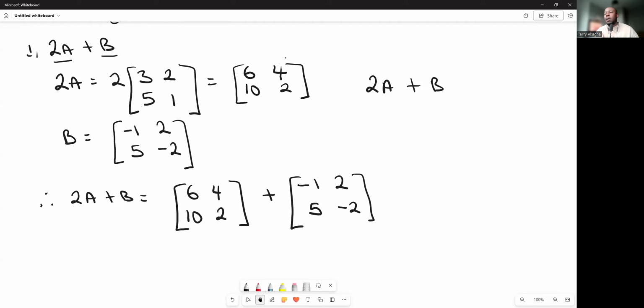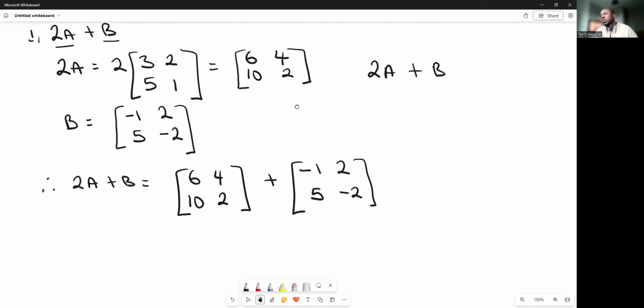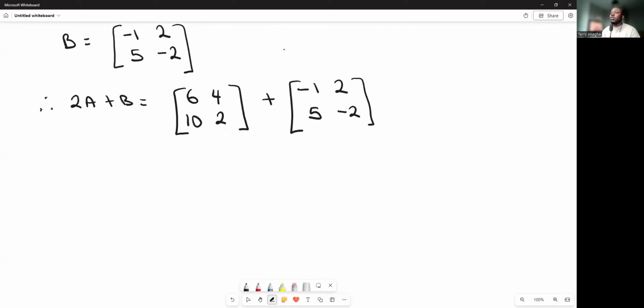So if you remember the previous video we solved, I explained to you that if you have matrices provided in the same order, you can add them together. So it's going to become 6 plus -1. If you've not watched my previous video, please go back and watch it.